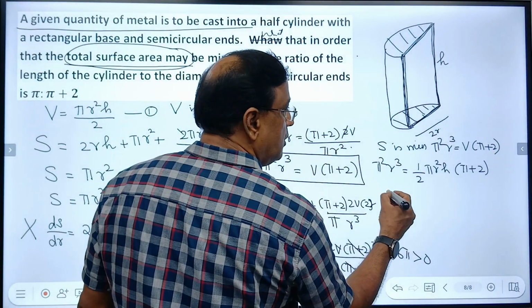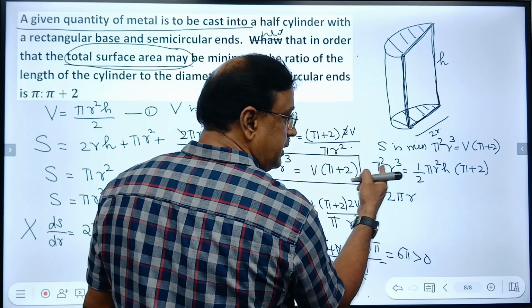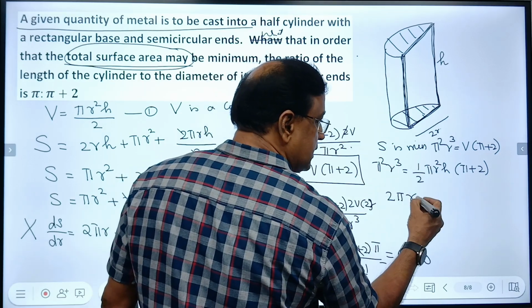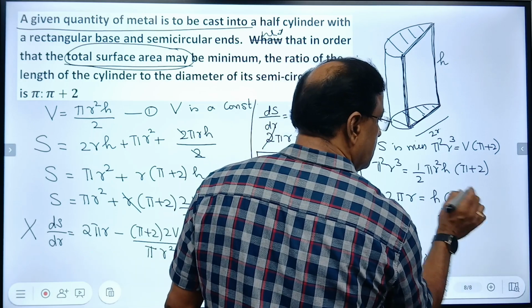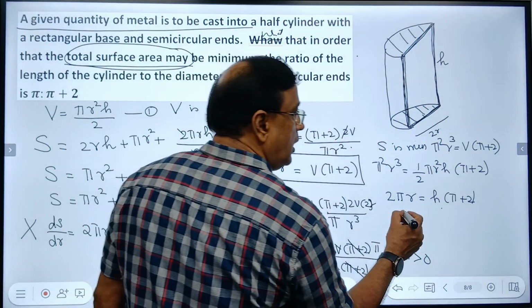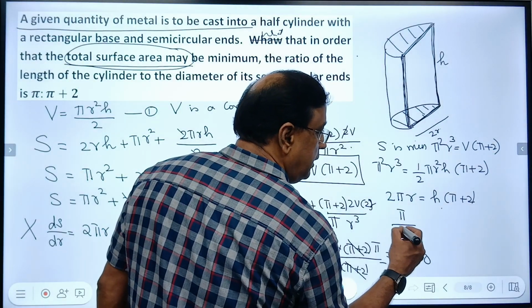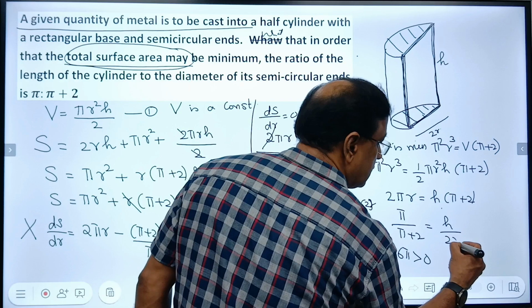So you get 2 pi r. Pi gets cancelled, r square gets cancelled. You get h into pi plus 2. Now you have pi by pi plus 2 equal to h by 2r.